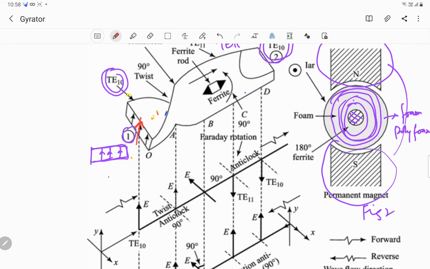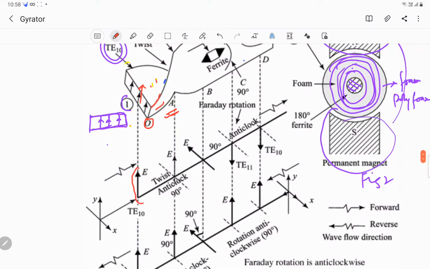The electric field is like this, as can be seen in the figure, as shown by the dark arrows, for example here. So when this wave passes through this waveguide, say from point O to A, because of the tilt, the electric field rotates. Initially it was vertically up. Because of the tilting of the waveguide, the electric field shifts from vertical to horizontal direction.